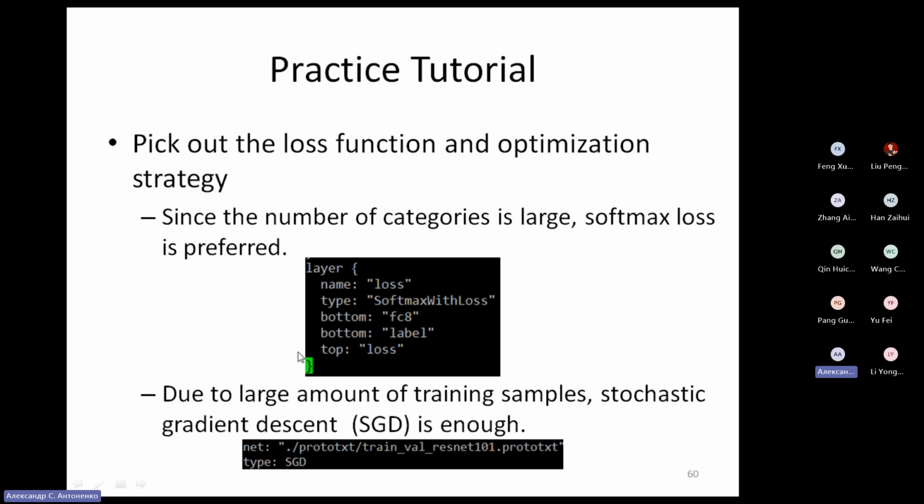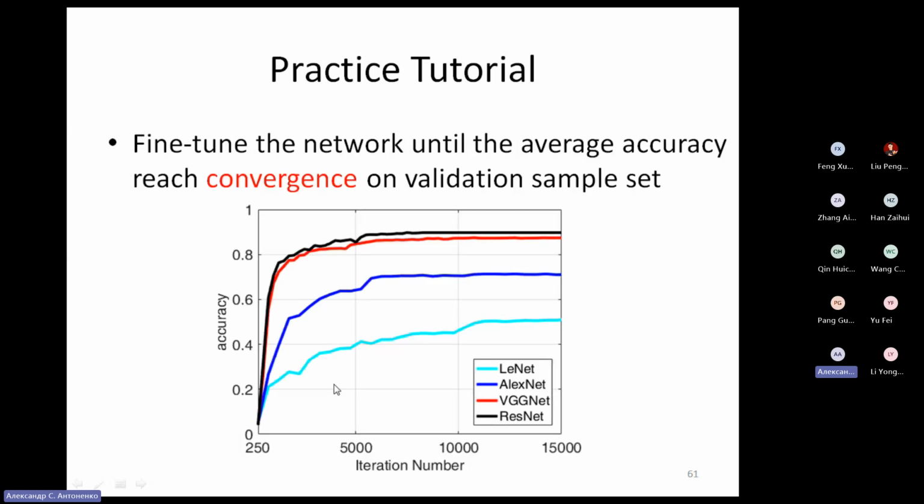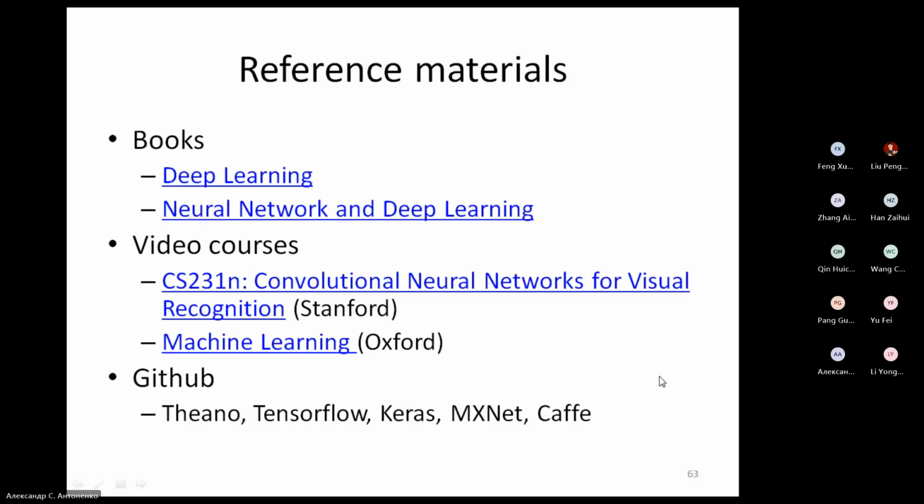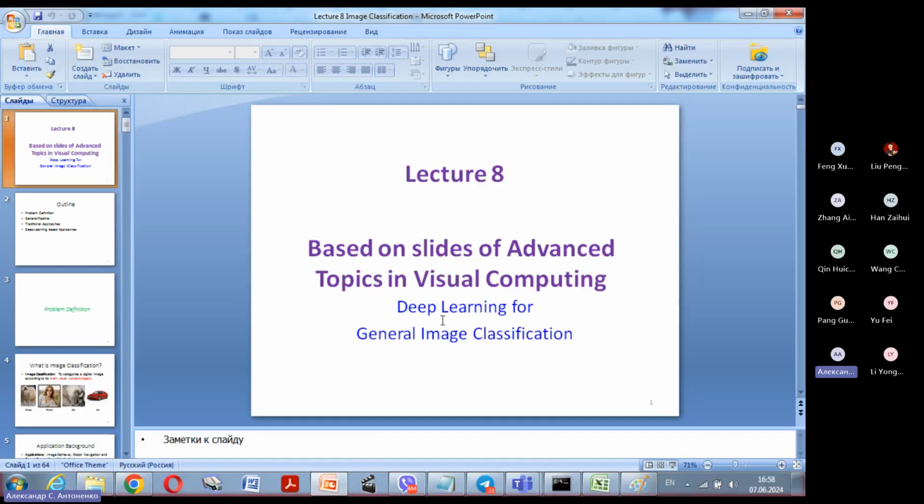You can use different functions and find the convergence and find how each model works, and some sources, books, video courses, and so on. But I will show you my example.